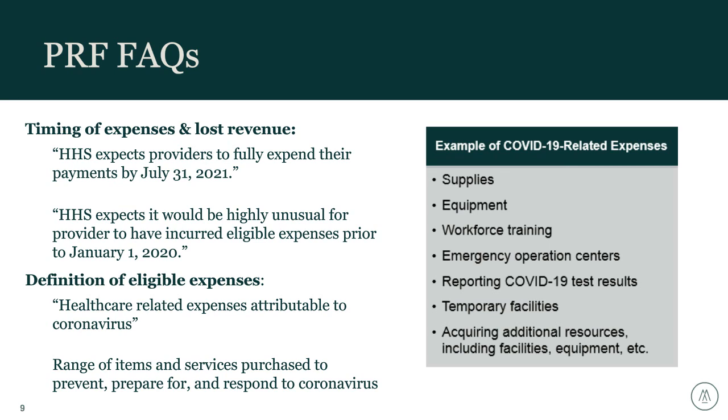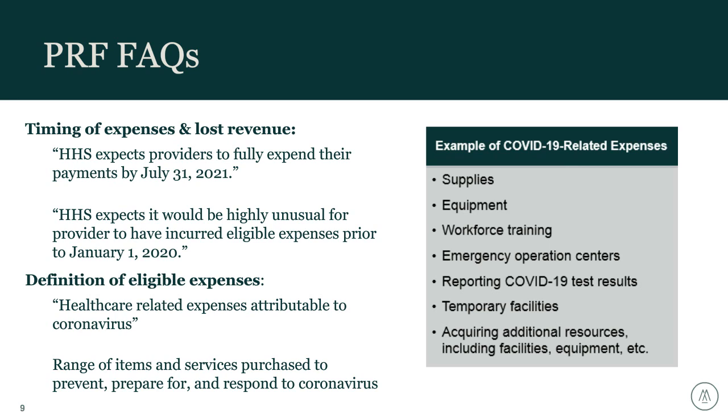And essentially, this number you come up with for your lost revenue sets a cap or a spending limit for expenses that maintain healthcare delivery capacity. Essentially, HHS is giving you these provider relief funds as revenue replacement for that lost revenue, and you can use it toward paying expenses you otherwise would have had to pay to keep the lights on and keep the doors open, just your normal operating expenses.